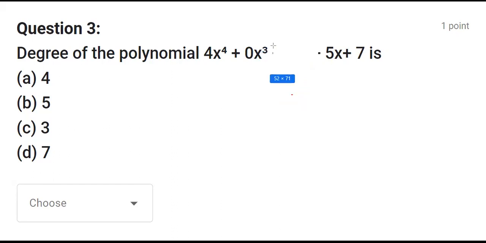Now let's say this is also 0, so this also gets eliminated. What we are finally left with are these leftover terms, and you can see that they have powers 4, 1 and 0, right? So therefore the highest power has to be 4 here. That's the degree, and the degree is 4 in this case.